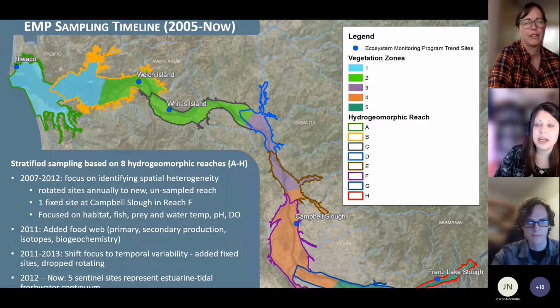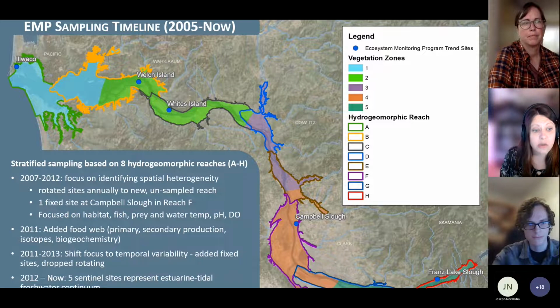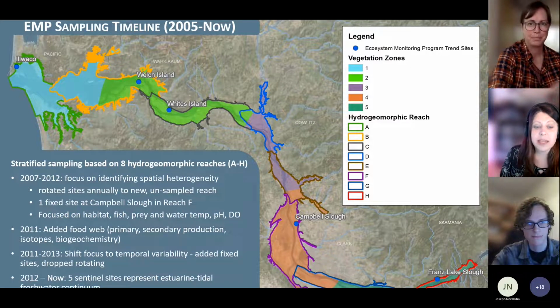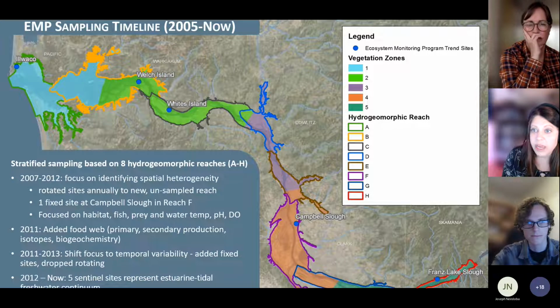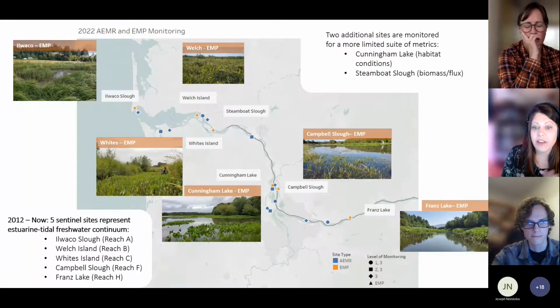Now, as I mentioned, the way that we have sampled and the sites that we have sampled in the Ecosystem Monitoring Program have adapted and changed over time. But right now, since 2012, we have primarily focused on these 5 major sites.